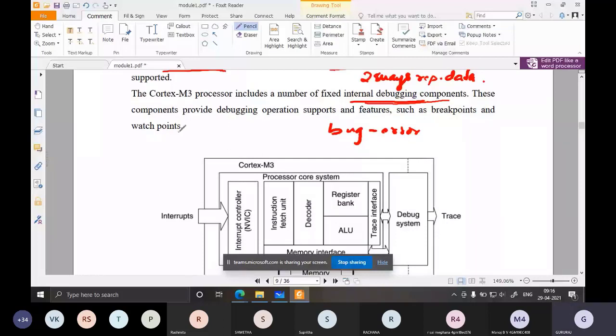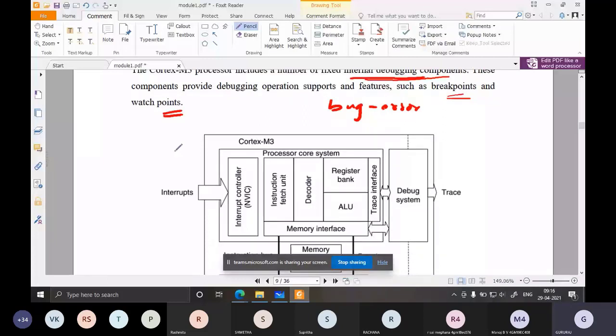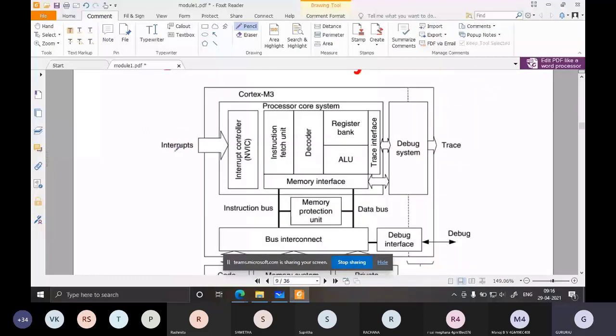Such operations are known as breakpoints and watchpoints. We shall see about breakpoints and watchpoints later, and we will also discuss that in the lab, using the Keil MicroVision 4 that we will make use of for the embedded controller lab.